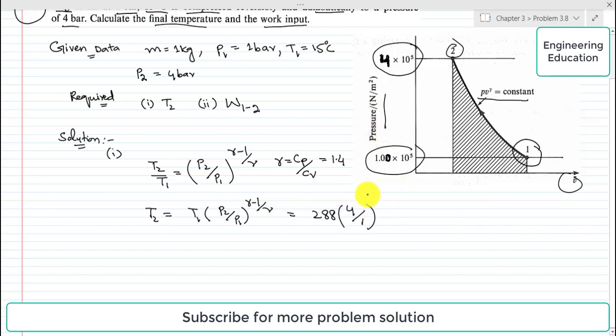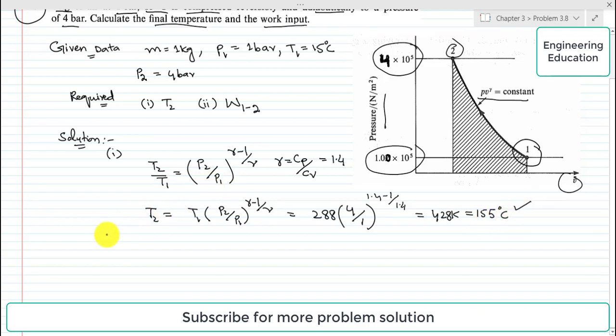Also the value of gamma is 1.4, minus 1 over 1.4. So simplifying this, the value of T2 comes out 428 Kelvin, or in degree centigrade it is 155 degree centigrade.